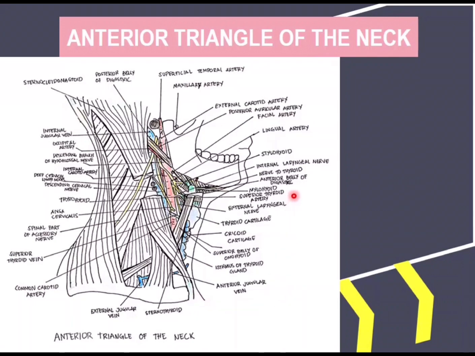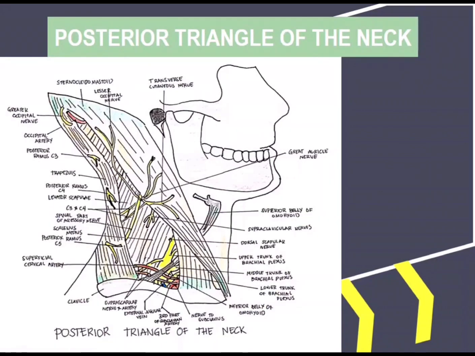The deep surface of the posterior border is related to the cervical plexus of nerves, the phrenic nerve, and the upper part of the brachial plexus. So here is a photo of the posterior triangle from the vertebral column to the first rib. Here is a photo for better visualization.